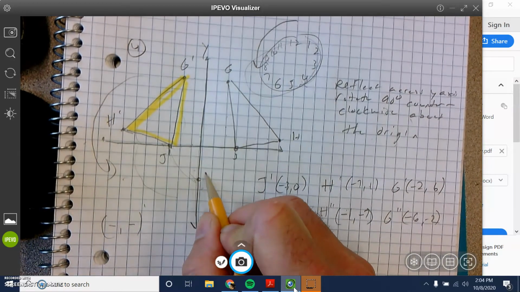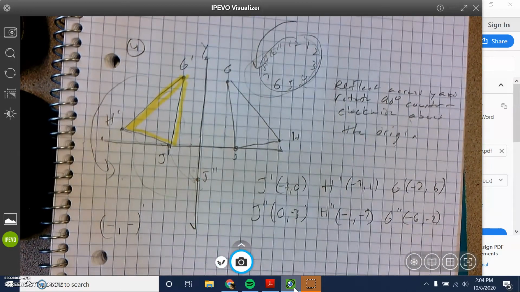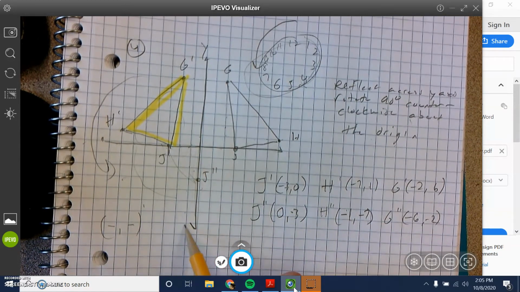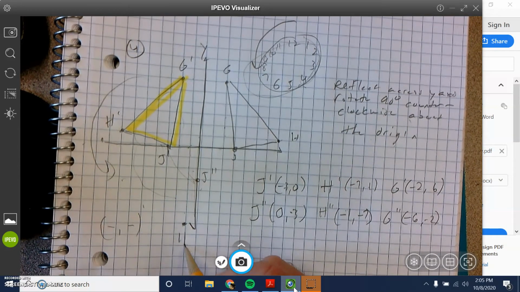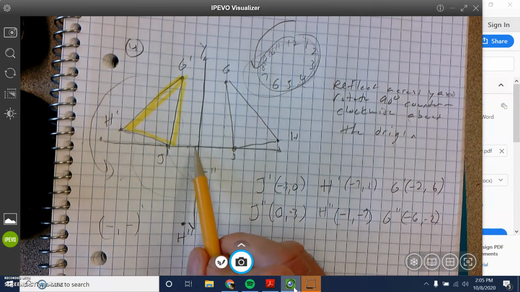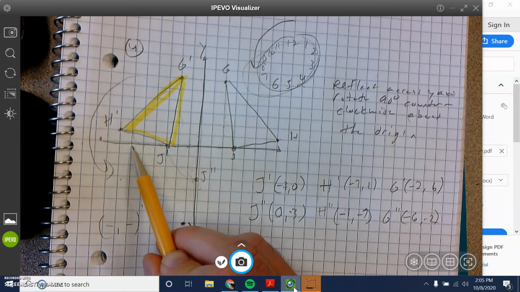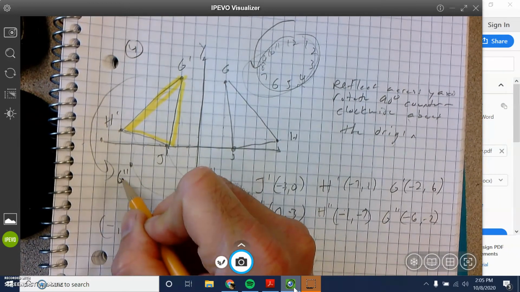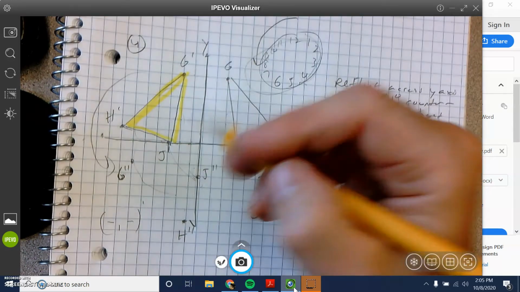So we have J double prime, then H double prime, and then G double prime at -6, -2.